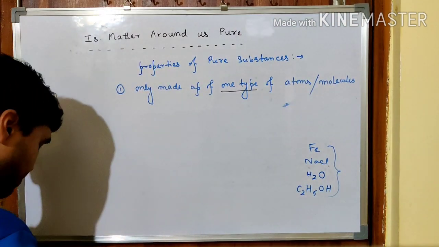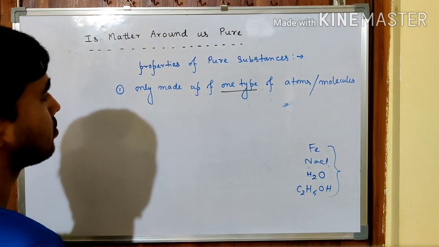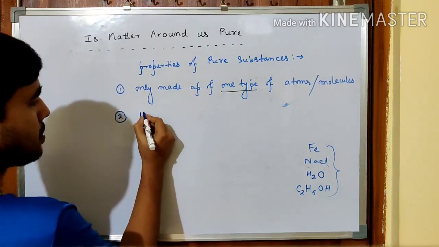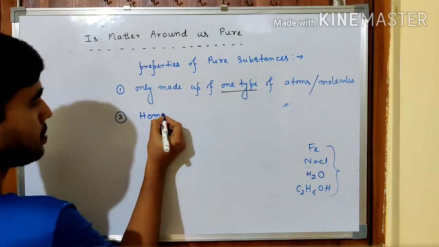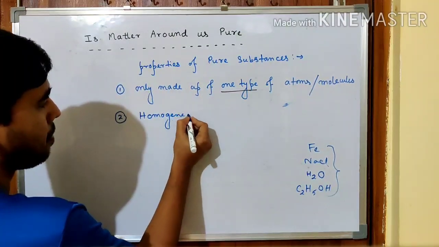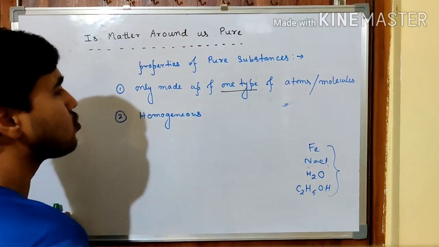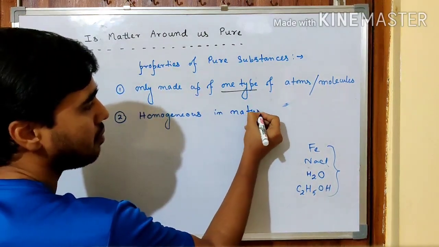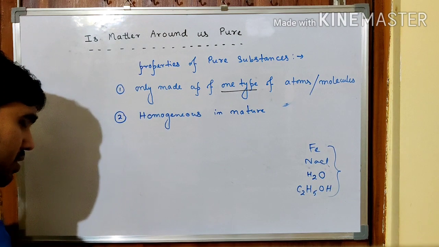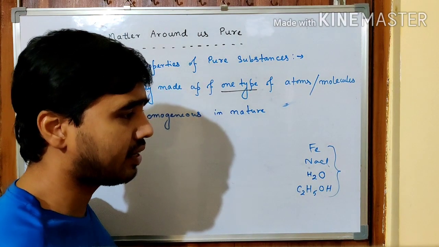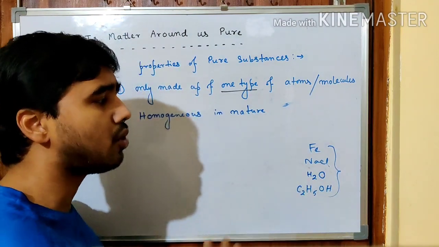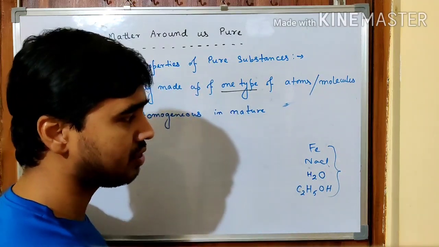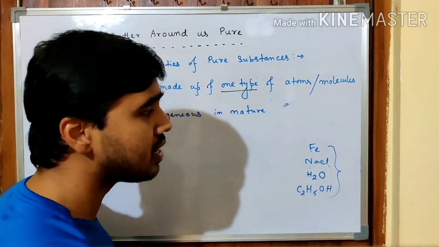Next, it is homogeneous in nature. If you take iron, the composition is the same throughout. It is iron only. Similar is the case with sodium chloride.